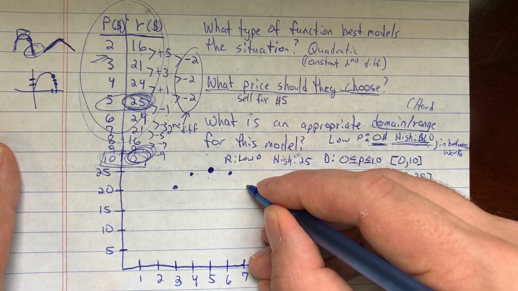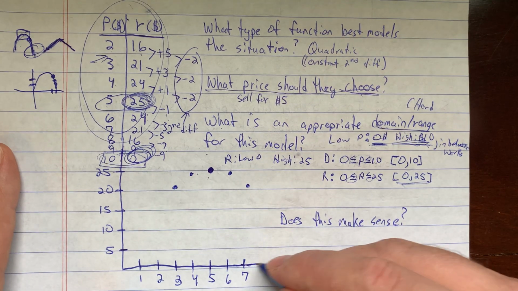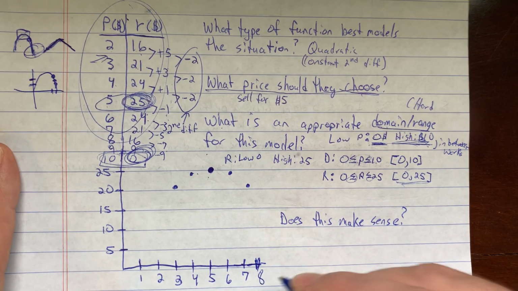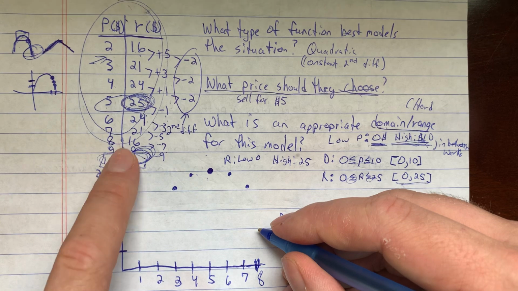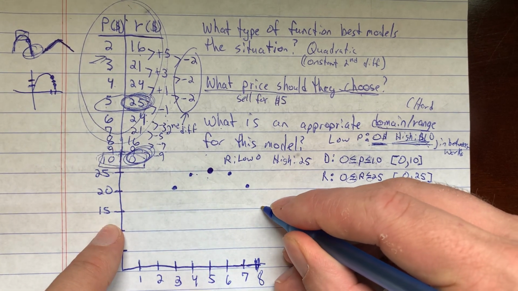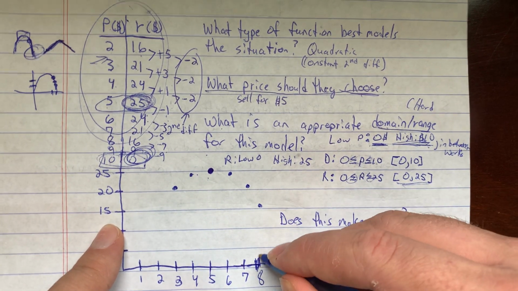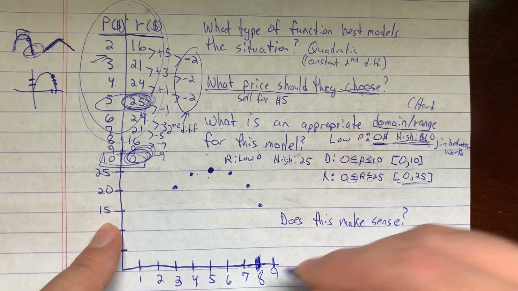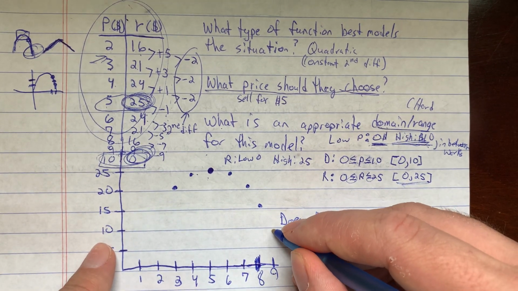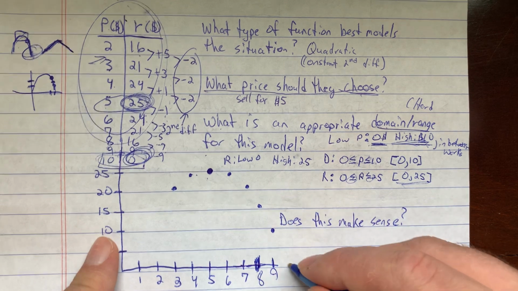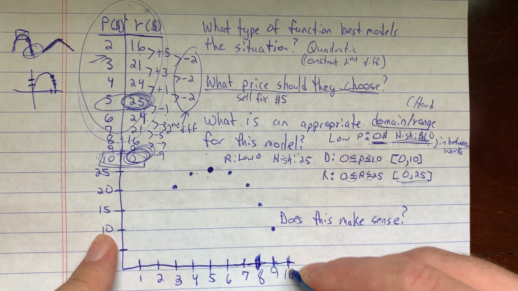And same for 7. $8 got us down to 16. $9 got us down to 9, which is just under 10. And $10 got us to 0.